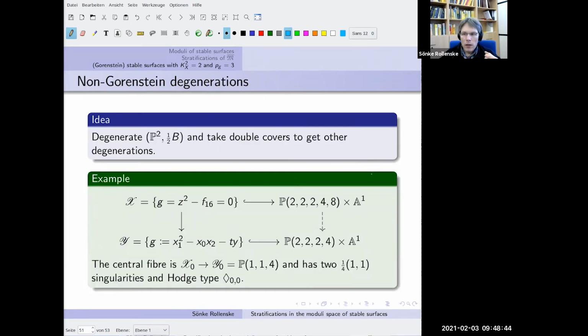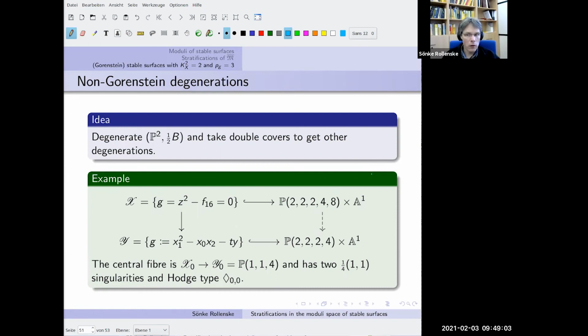Okay, I've talked about some Gorenstein degenerations. I've illustrated some Hodge-theoretic stratification and other kinds of stratification ideas with these degenerations. We should say something about non-Gorenstein degenerations, and we haven't explored this case fully yet.